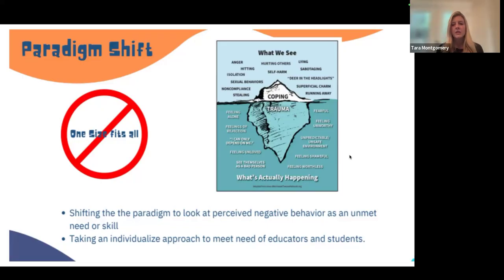So we just have to dive a little bit deeper and try to figure out, okay, they have these negative behaviors. What do they need? What can I teach them? What skill can I teach them to learn how to deal with these negative behaviors that they're feeling? And then taking an individualized approach to meet the needs of our students.